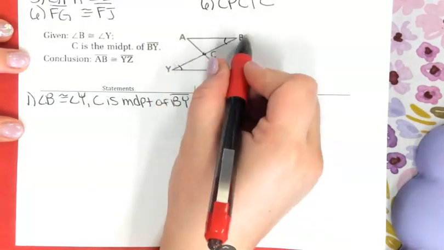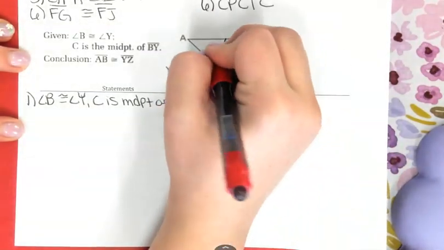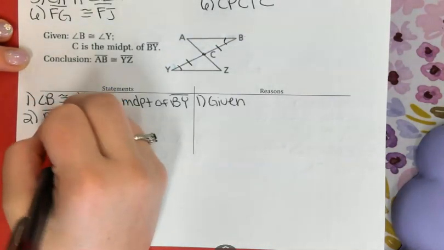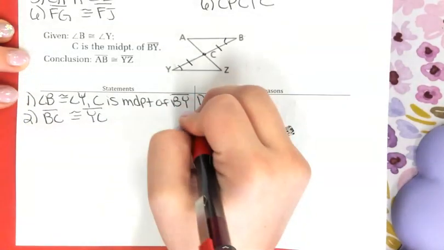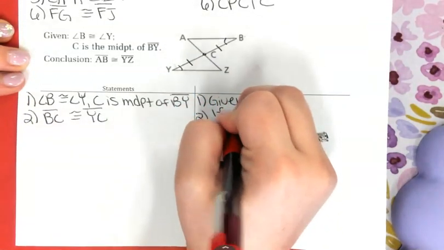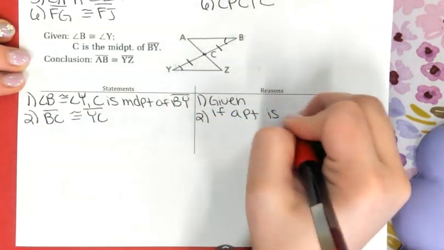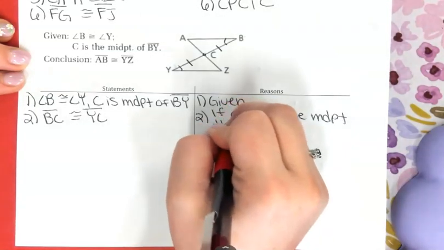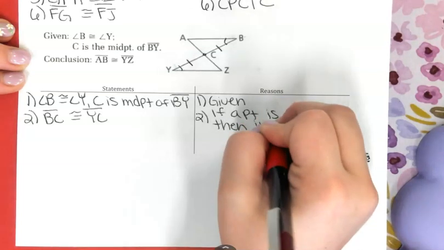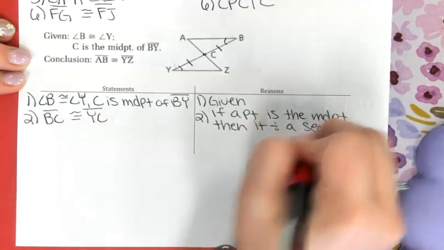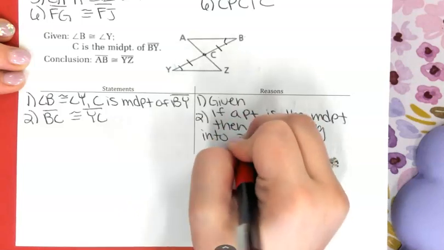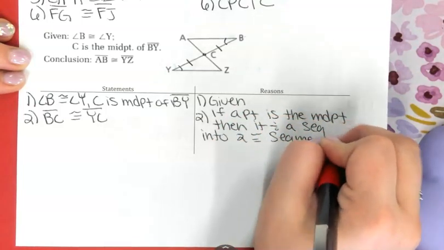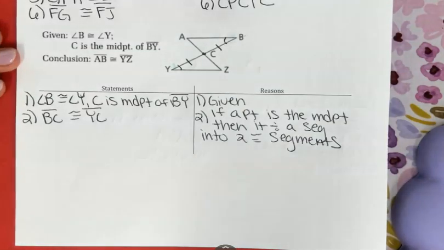Now if C is the midpoint of BY, that means that BC is congruent to YC. The reason for that is if a point is the midpoint, then it divides a segment into two congruent segments. Again, if you don't have that wording memorized, you can look in your dominoes.